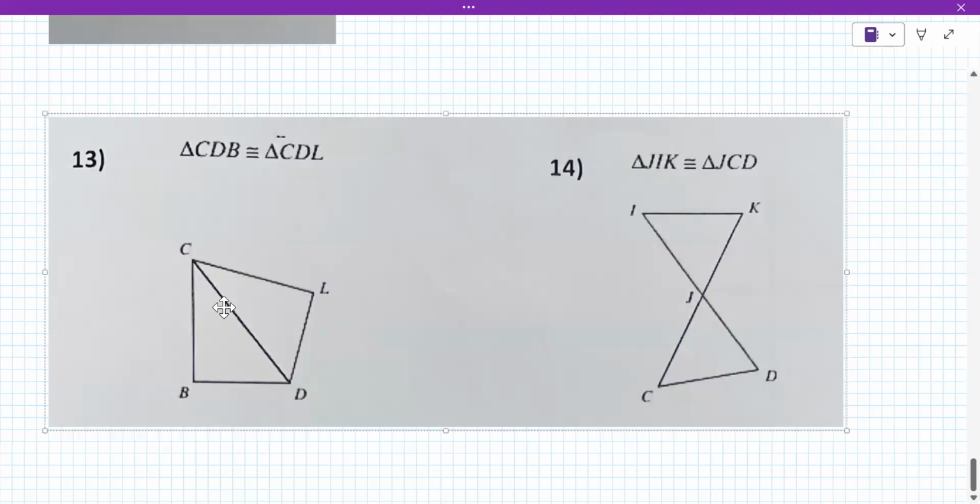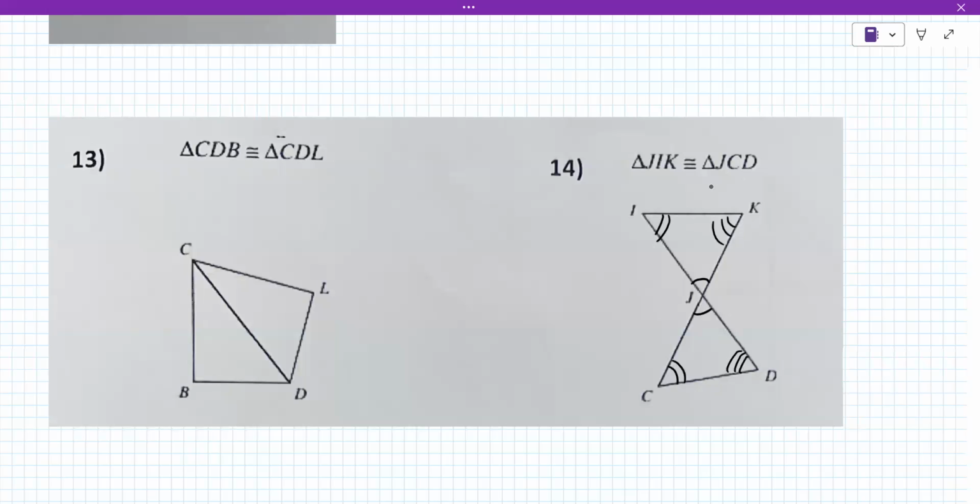This one on the right's easier to explain. J is congruent to J, for example. And then you have to do the same thing for I and C. So maybe two little arcs for I, two for C. And then K gets the triple arc, B gets the triple arc.